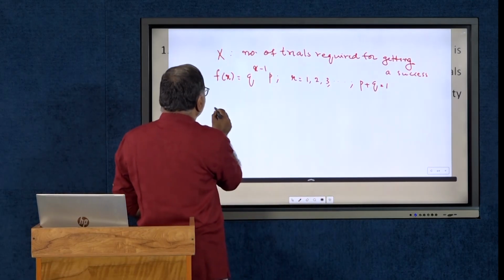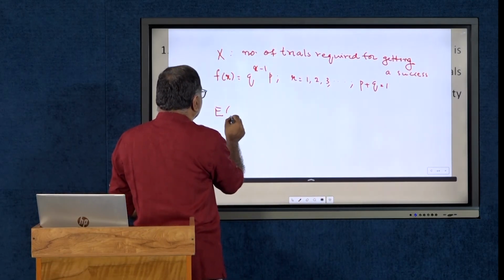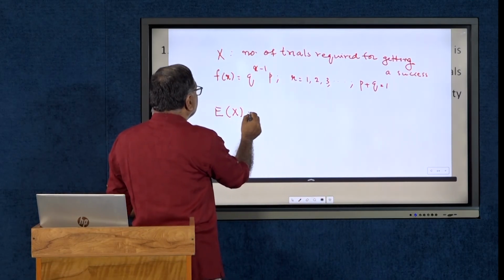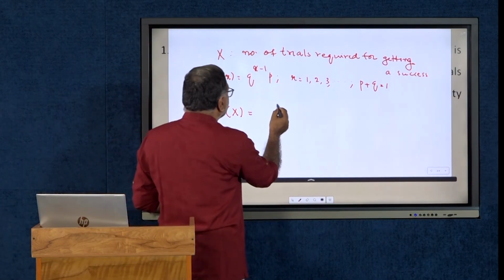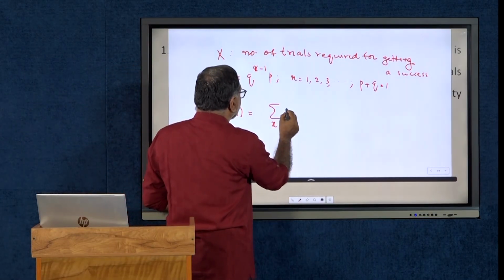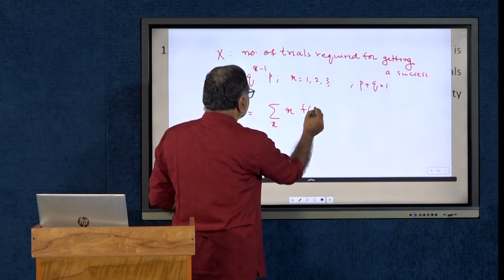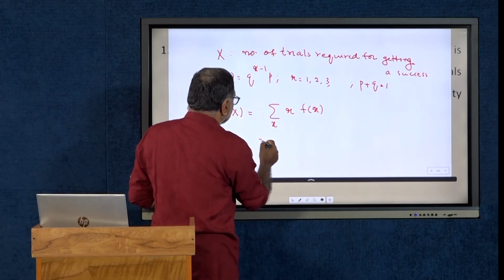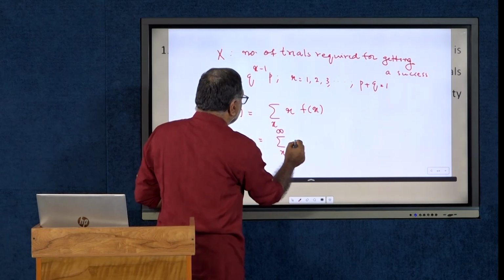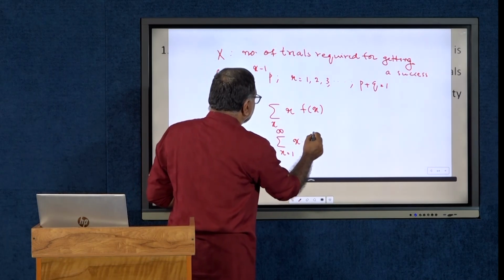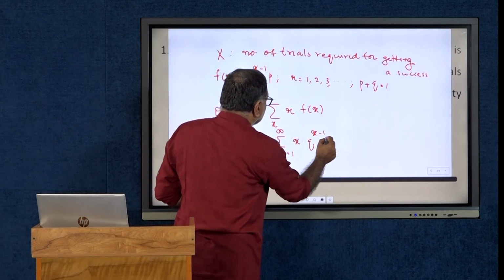Now the problem is to find the mean of this random variable, the expectation of x, and that is sigma over x, x into f of x. Simplifying, this is sigma over x equal to 1 to infinity x into q power x minus 1 into p.